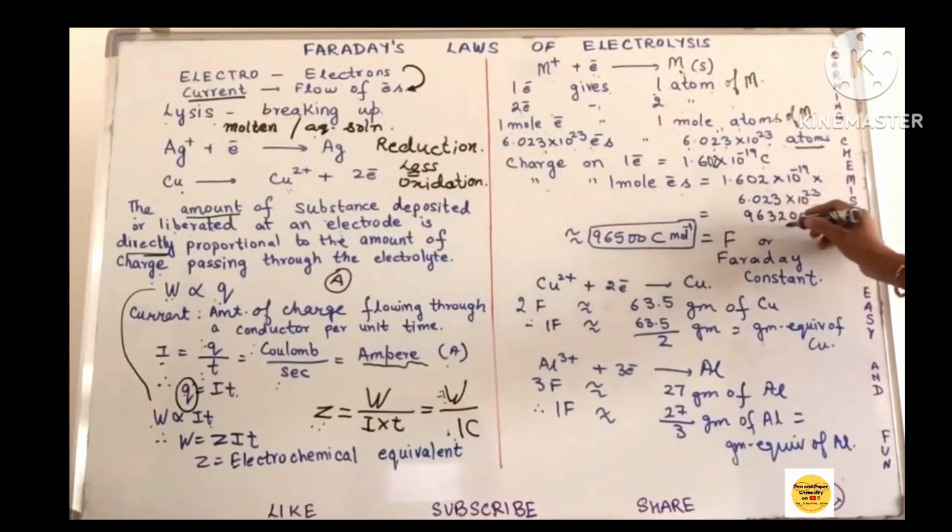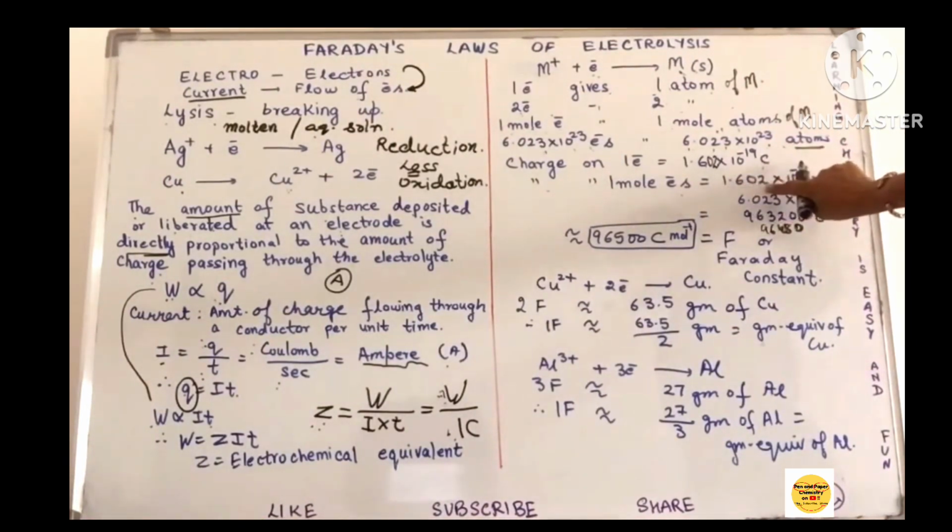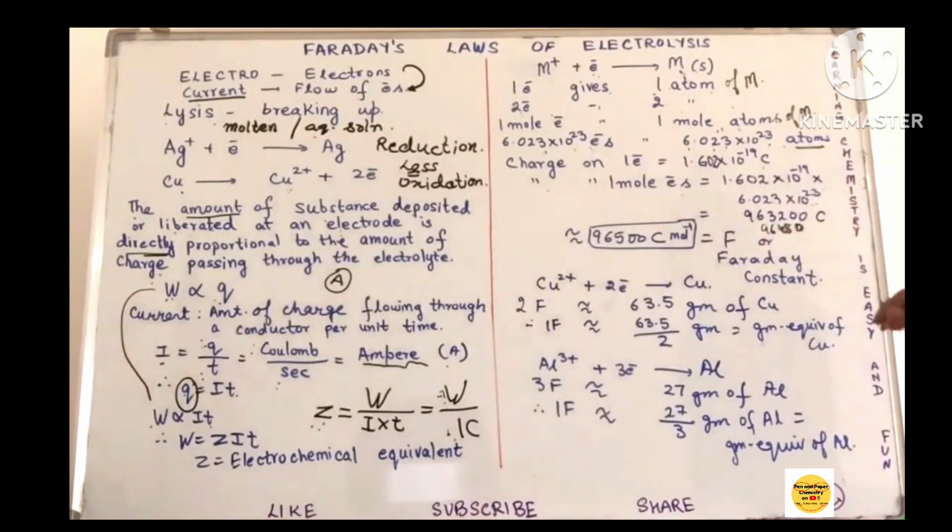Here I have written 96320. It also comes to around 96480, depending upon what value of the charge on the electron and the Avogadro number that you are taking over here. In some books you will find the calculation uses just 6.02. In some books you will find the charge on the electron just taken as 1.6 into 10 to the power minus 19.